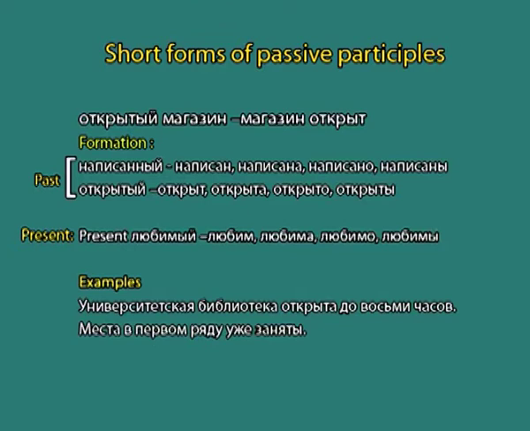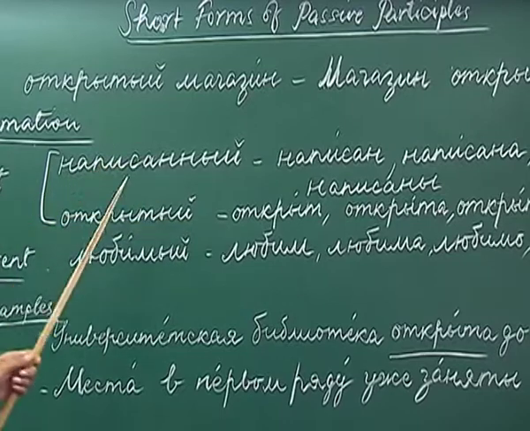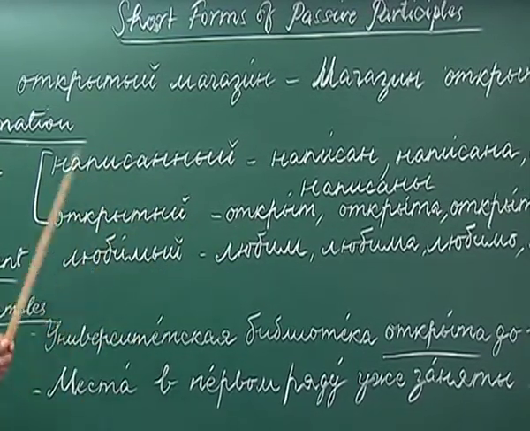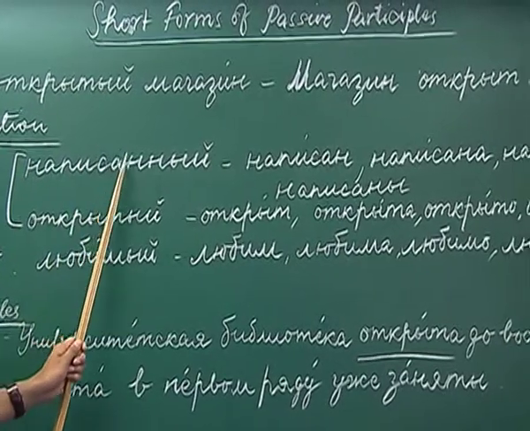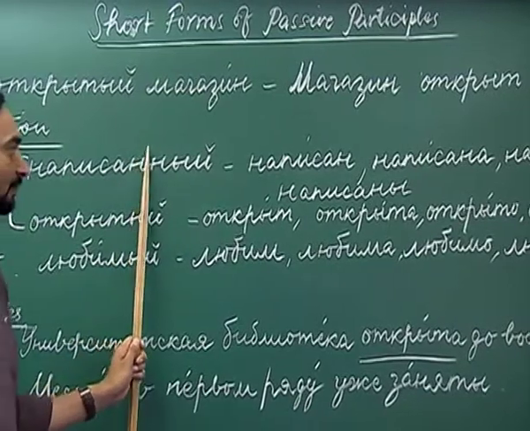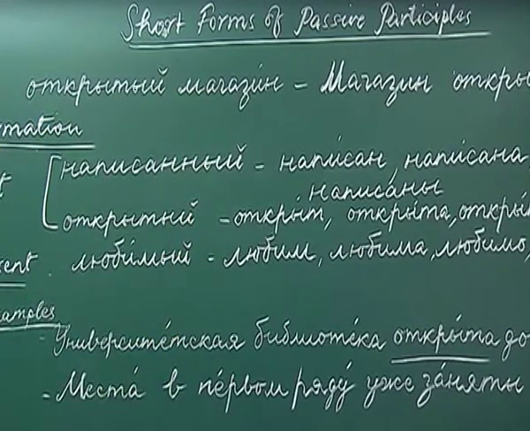If it has the ending тый, you have to remove ый to get its masculine form, and if it ends with нный, then you have to drop one н and ый.